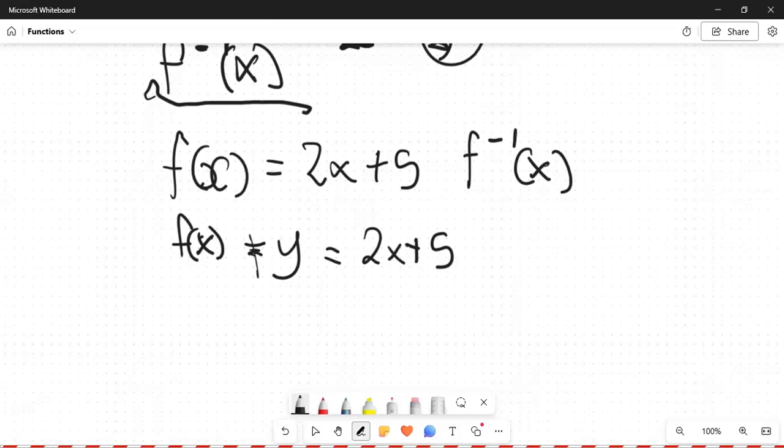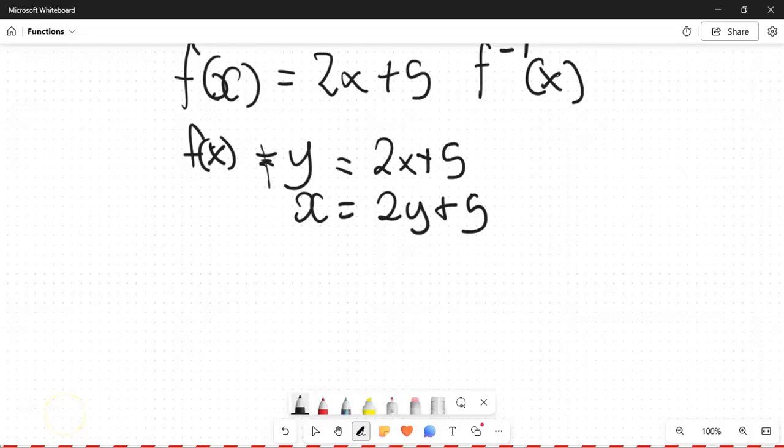We take y to the other side and bring x over the equal sign. So x is equal to 2y plus 5. I'm going to subtract 5 from both sides, then divide by 2 in order to obtain our inverse.